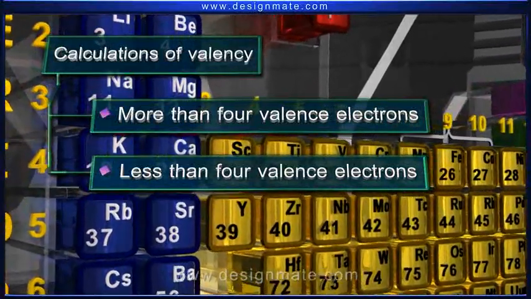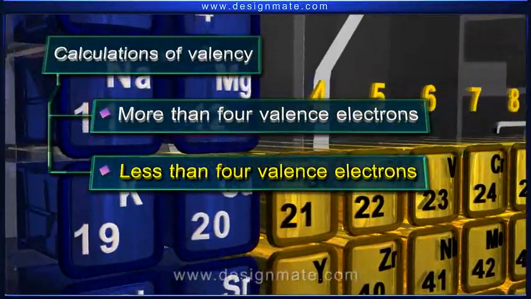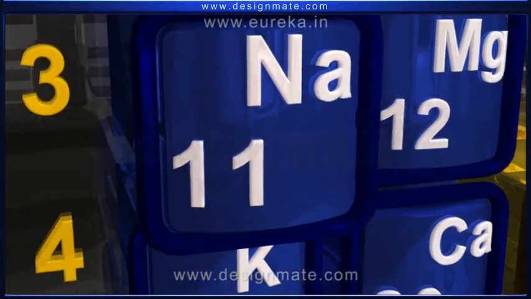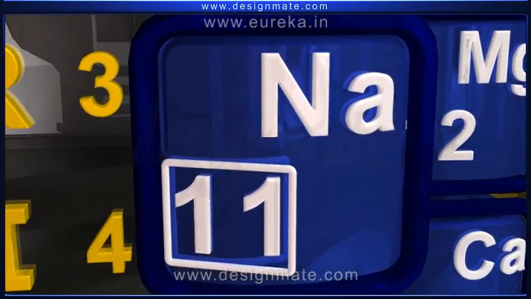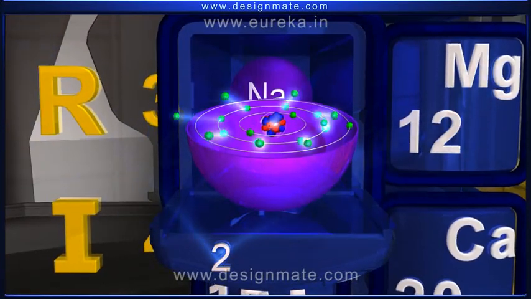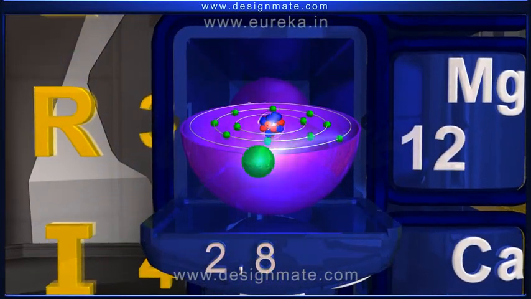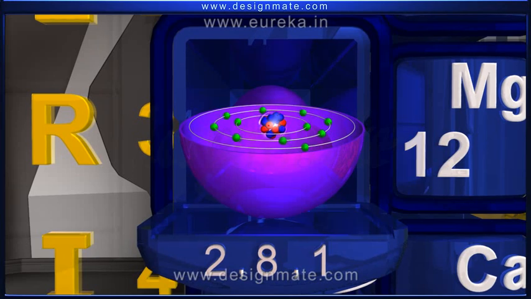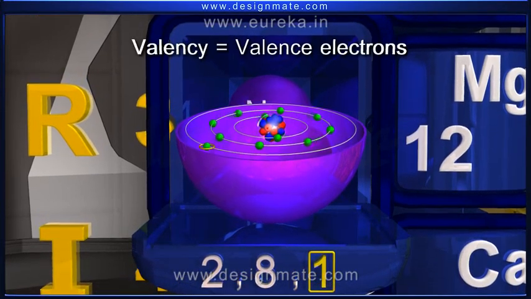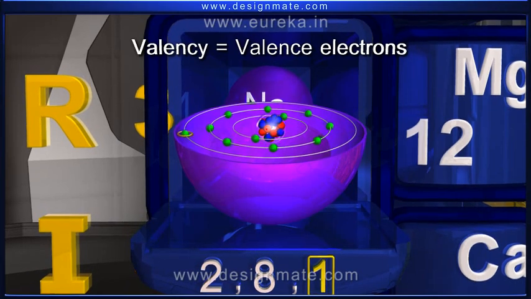Now we will study those atoms which have less than 4 valence electrons. Consider an atom of sodium with an atomic number 11. It has an electron configuration of 2, 8, 1. Thus, sodium has 1 valence electron. For such atoms, their valencies are equal to the valence electrons.